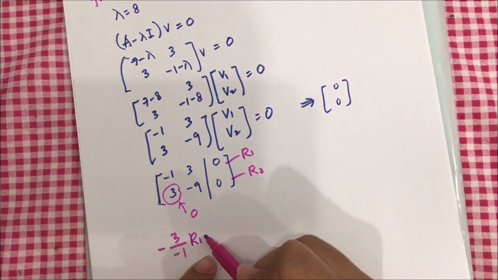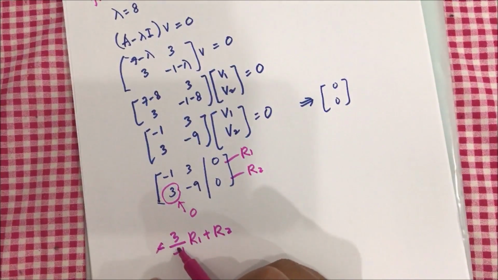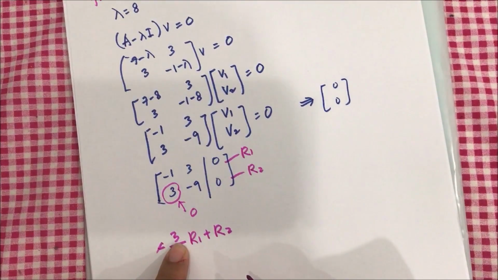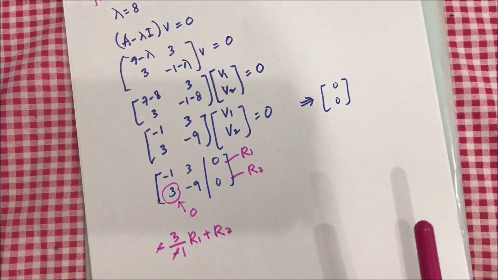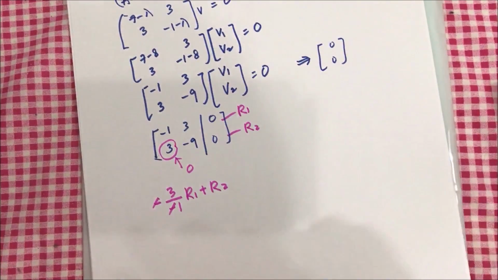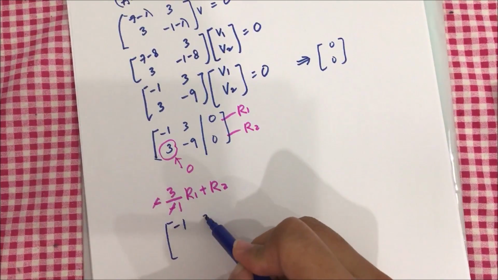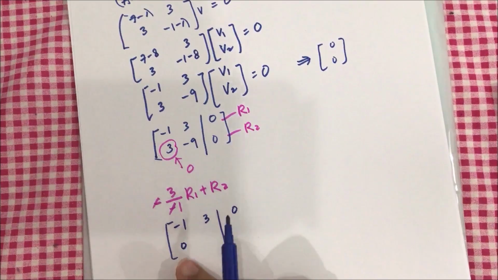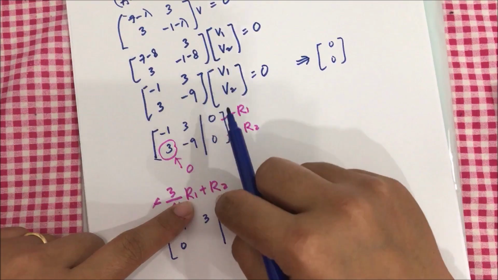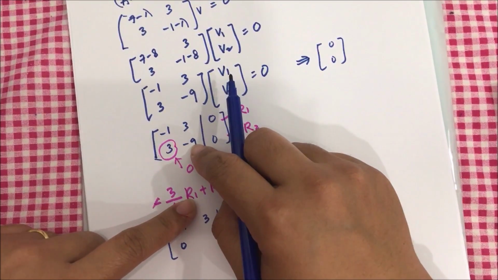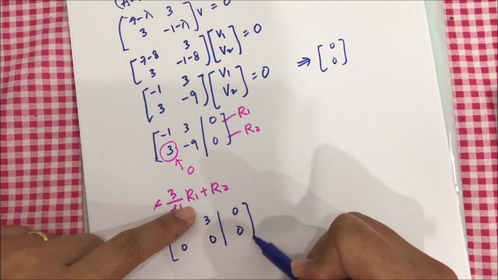Then R1 plus R2. So that means 3 times R1 plus R2, and we get a new R2. Then we get 3, 0. This one becomes 0. When you put R1 as 3, R2 as negative 9, what do you get? You get 0 as well.